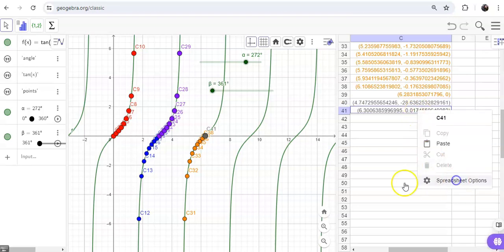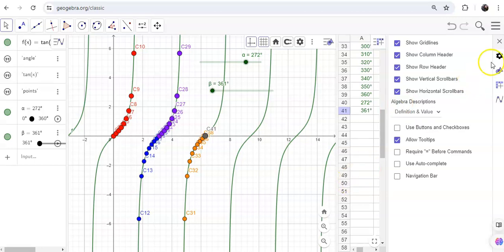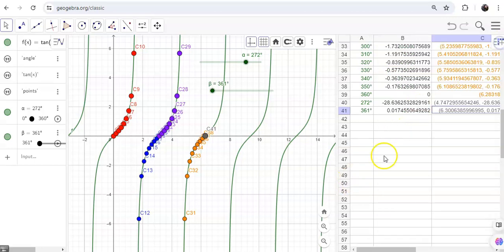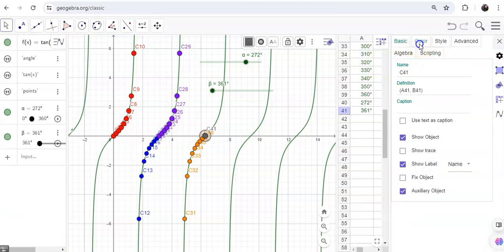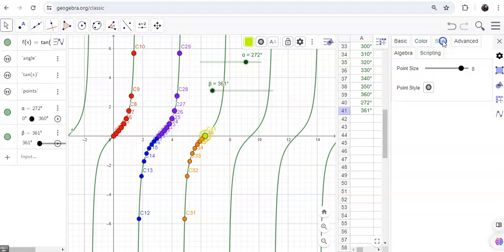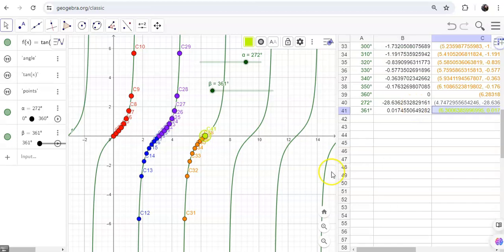And let's color this one yellow, or neon green. Ready to slide the slider with me? Alright, so look at the movement of C41 along the tangent curves of the tangent function.